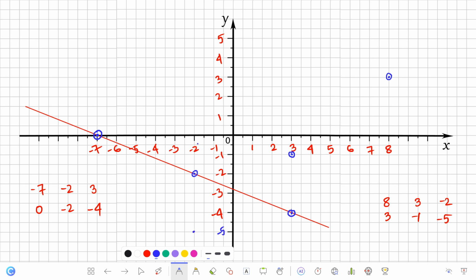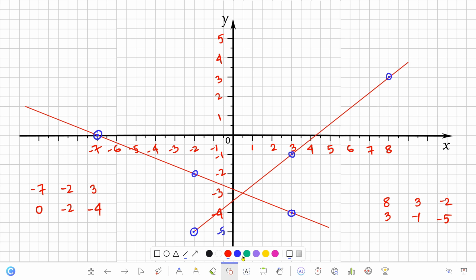So it should be here, minus 2 and minus 5. And again, let's check whether our 3 points are on the same straight line or not. Yes, they are on the same straight line.